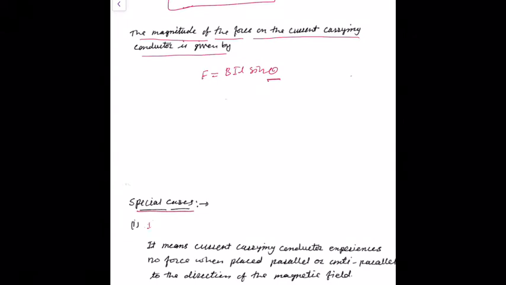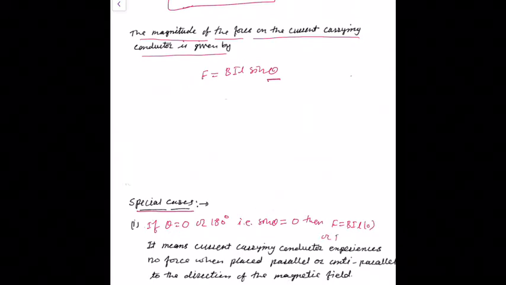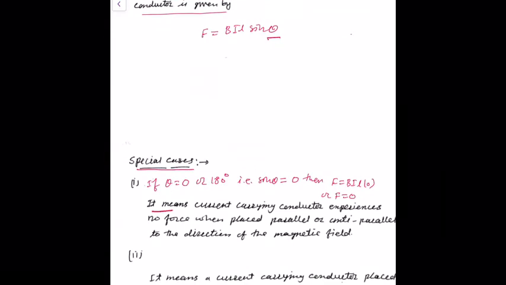First, if theta is equal to 0 or 180 degree, that is sin theta is equal to 0, then F is equal to BIL into 0, or F is equal to 0.